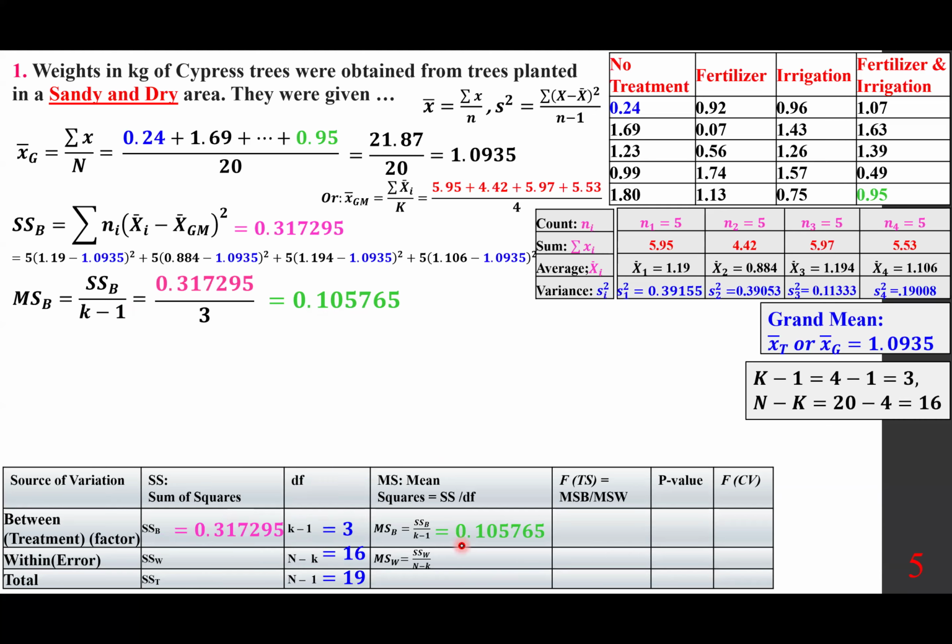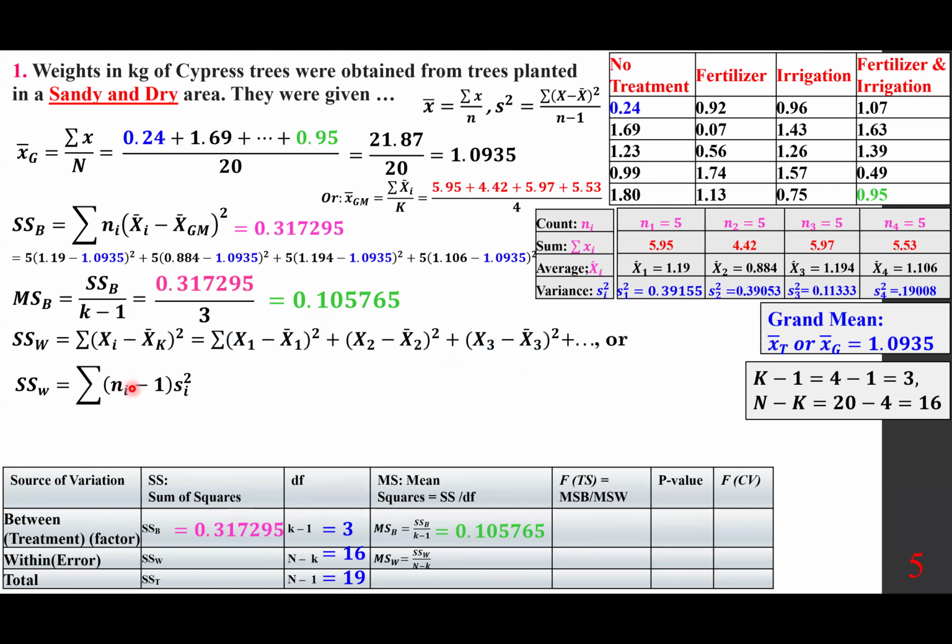Now we're going to calculate SSW, SS within, and again the formula is, there are 2 ways to write it. N sub i minus 1 times s sub i squared, or x sub i minus x bar sub k quantity squared. That means you just do them one by one, and it's easier to go with this one, n sub i minus 1. This happened to be 5 minus 1 for this group, and the same for each and every one of them. So n sub i, that means the sample size for group 1, group 2, and so on, happen to be 4 for each one.